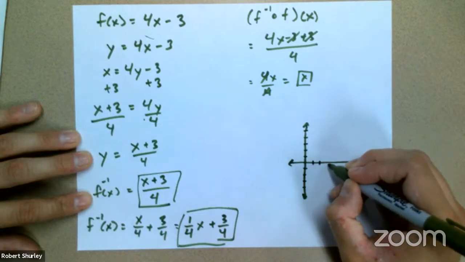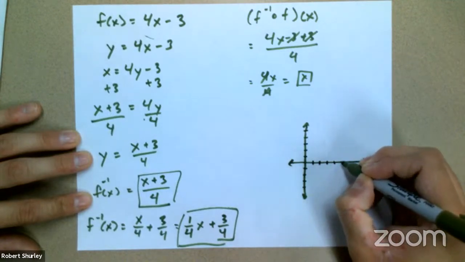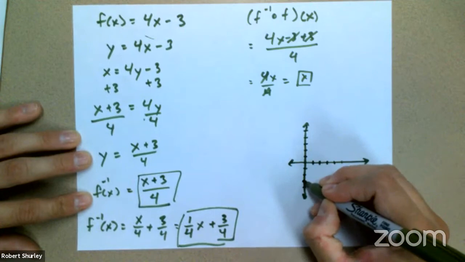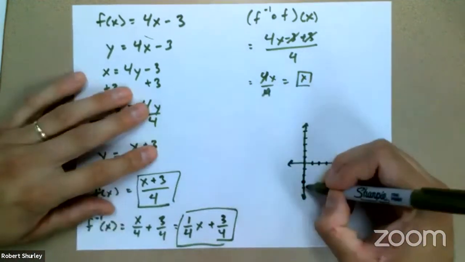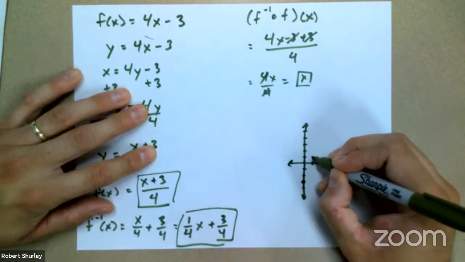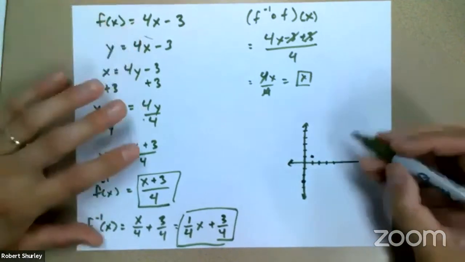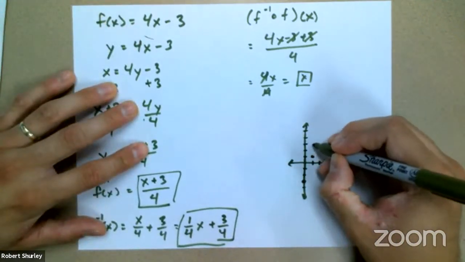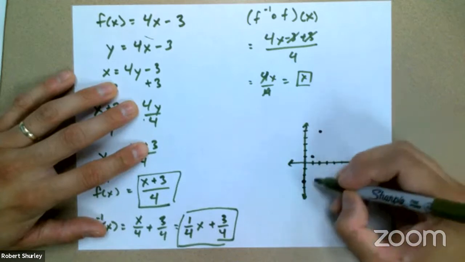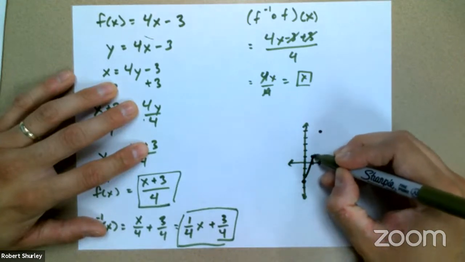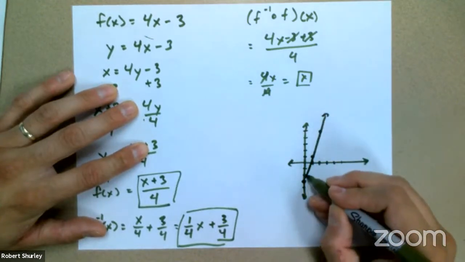A slope of 4 is really steep, right? So it's going to start at minus 3, and then it's going to go up 4, 1, 2, 3, 4, over 1, because the slope's 4 over 1. And then 1, 2, 3, 4, and then over 1. So we're looking at something that looks like that, right?